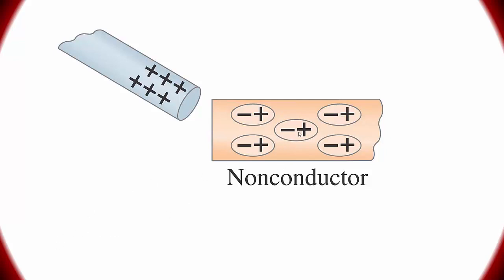But this is somewhat what's happening when you get a balloon to stick to a wall, because a lot of times those are insulating materials and the electrons aren't going to be able to just flow away, but you'll get the molecules aligning like this to some extent, which will be enough charge separation such that you can get the balloon to stick.